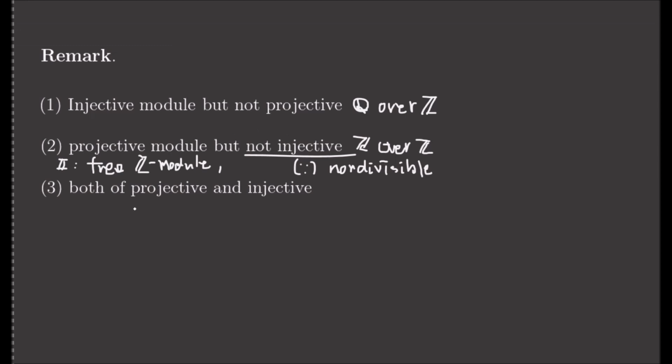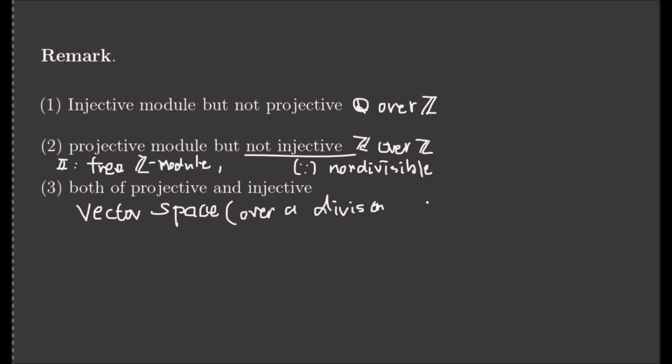And the last example is a module which is both projective and injective. The answer is a vector space. In the definition of the R-module, if the ring is a division ring, what is a division ring?